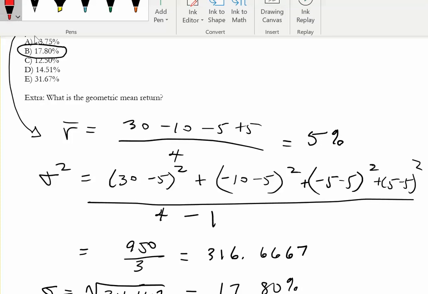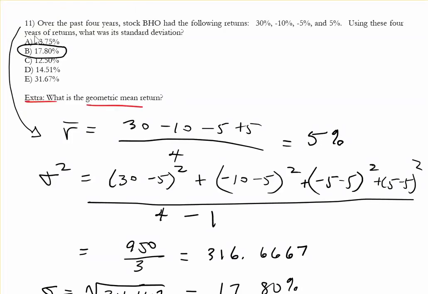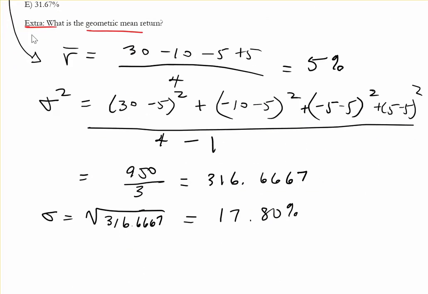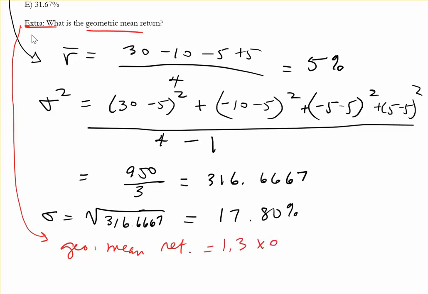Now let's do the extra, is what's the geometric mean. To answer geometric mean, we add the returns to 1.